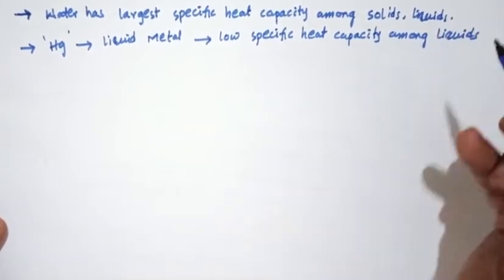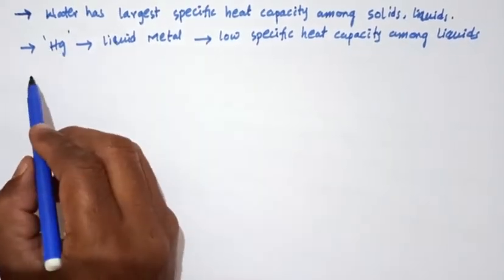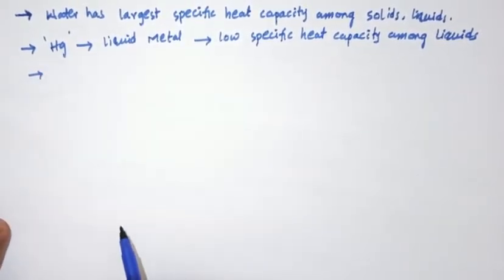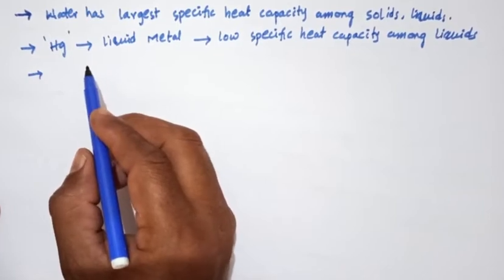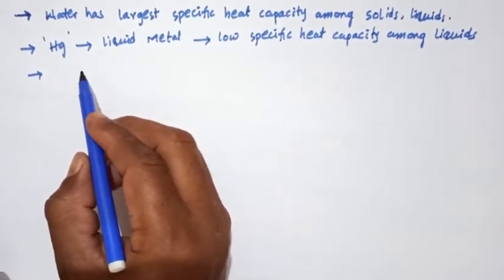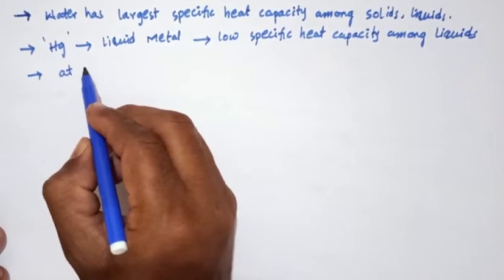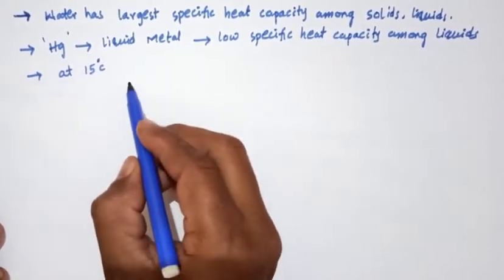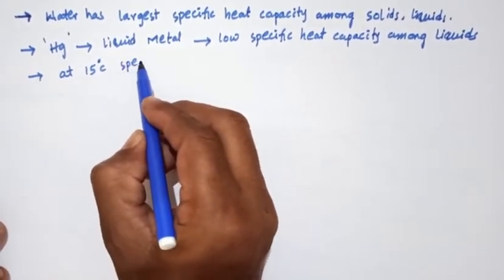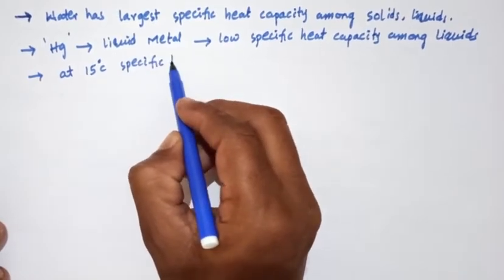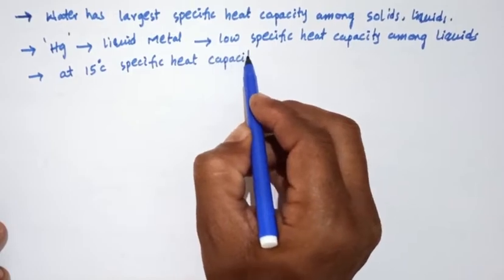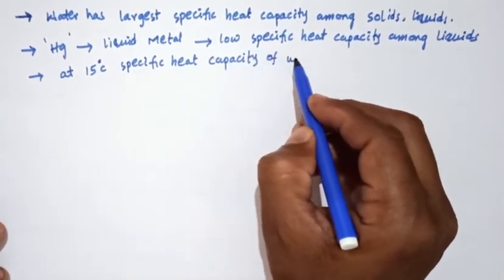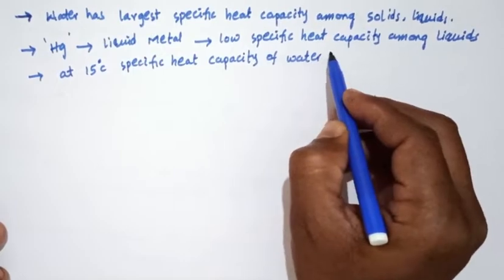The specific heat capacity of water varies with temperature. At 15 degrees Celsius, the specific heat capacity of water is maximum.